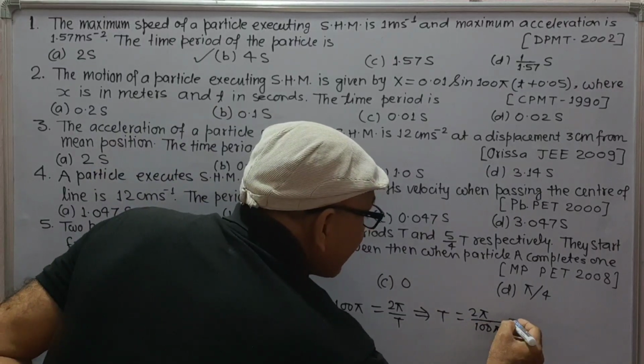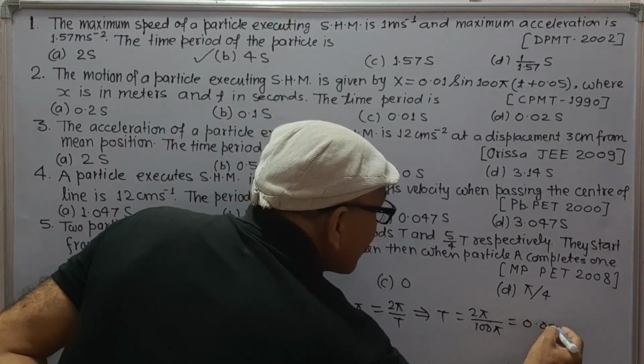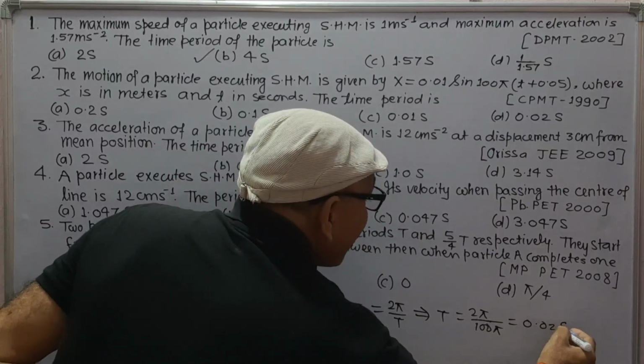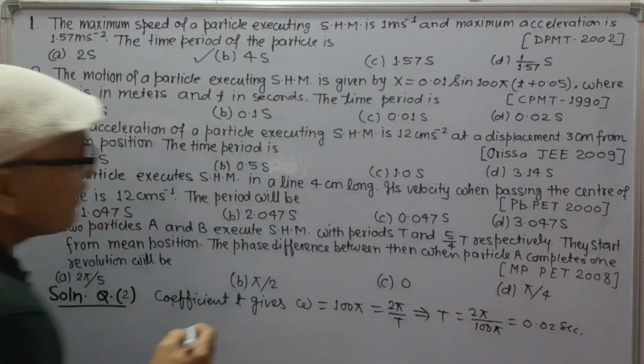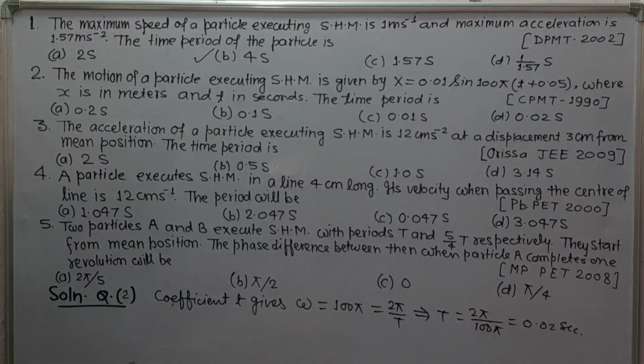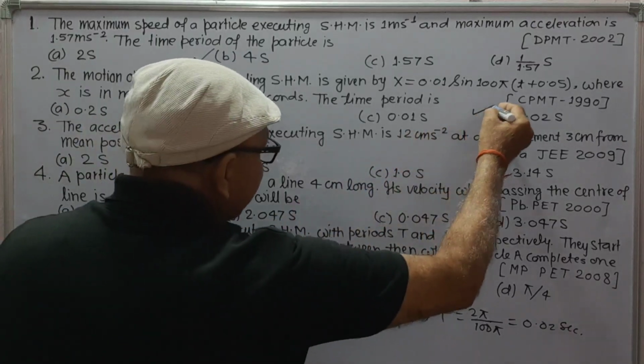Pi cancels out and we get 0.02 second. So the time period will be 0.02 second. Option D is correct.